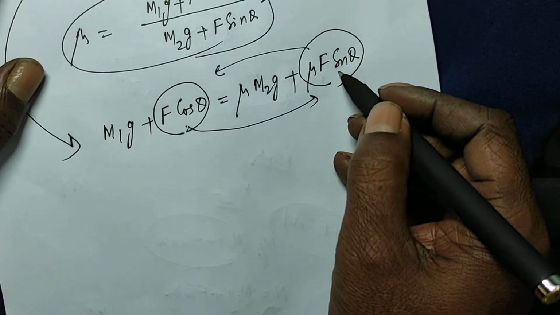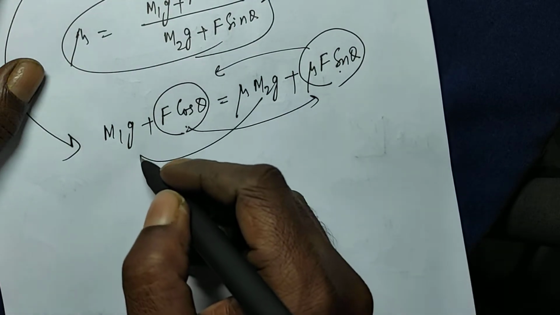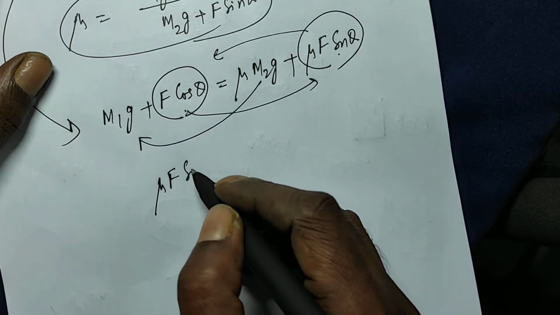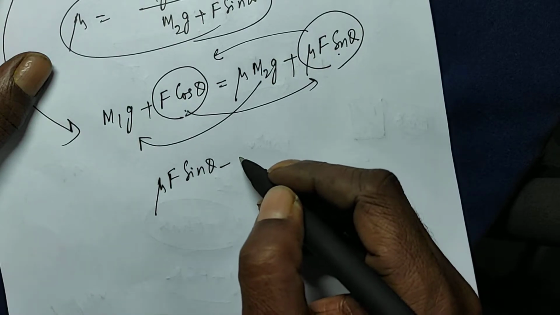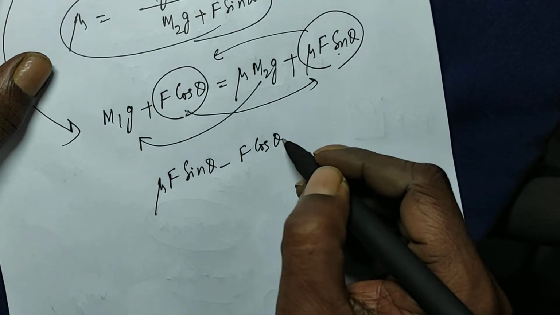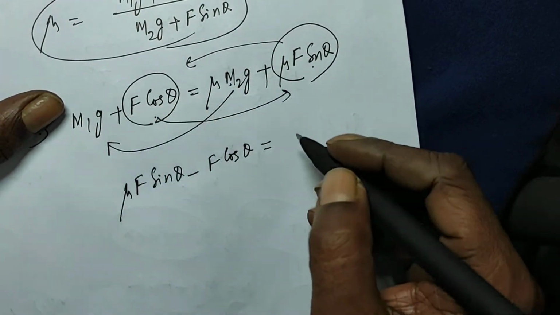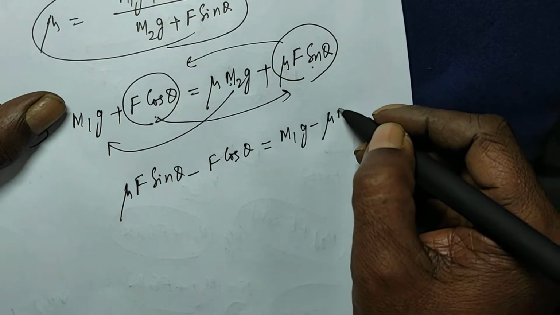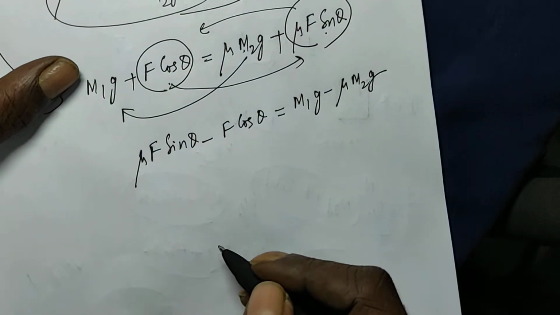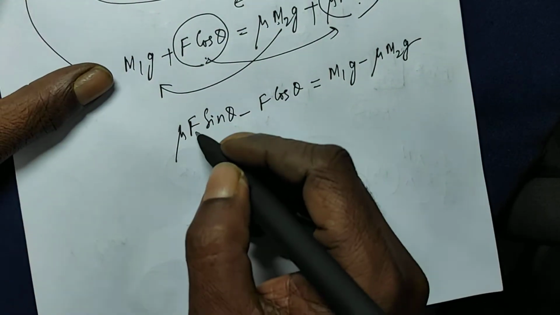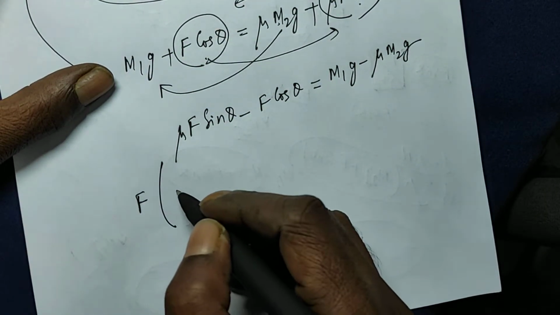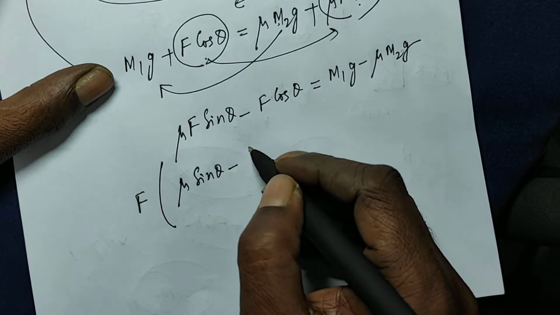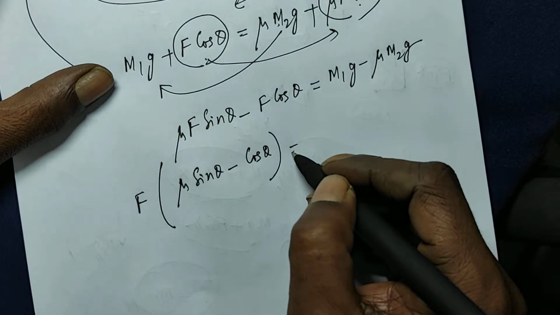On that it will depend the nature of the final expression. If I take this to the right hand side and bring this to the left hand side, then you have mu times F sin theta minus F of cos theta. This comes to the left hand side, m1 times g minus mu m2 times g. So if you take F common, you are left with mu of sin theta minus cos theta.